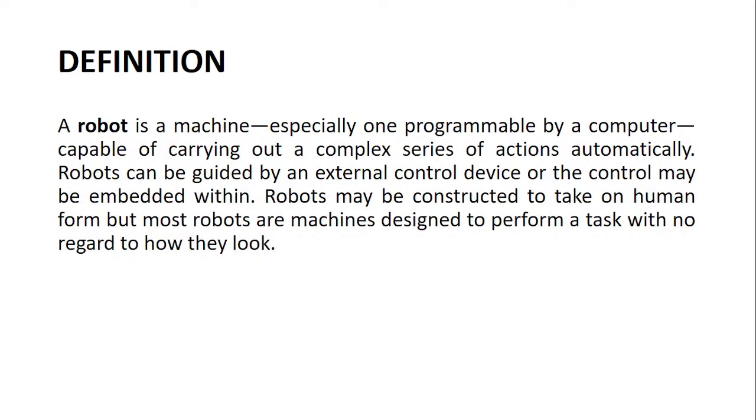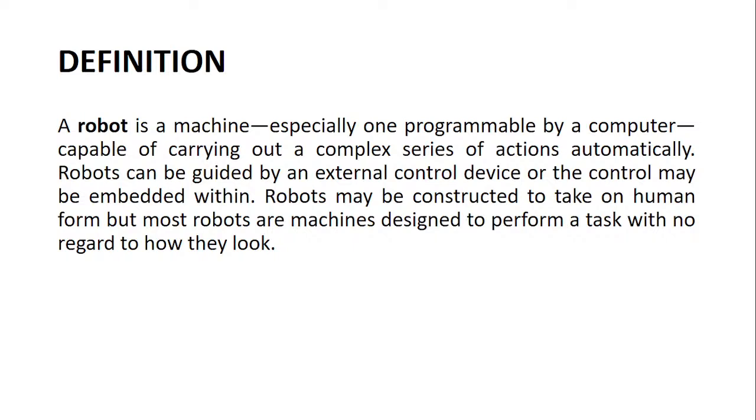But in the most contemporary sense, we can define a robot this way. A robot is a machine, especially one programmable by a computer, capable of carrying out a complex series of actions automatically. A robot can be guided by an external control device, or the control may be embedded within. Robots may be constructed to take on human form, but most robots are machines designed to perform tasks with no regard to how they look.